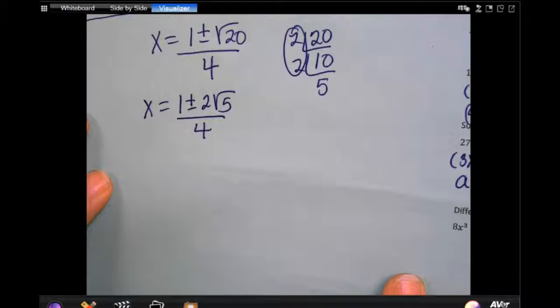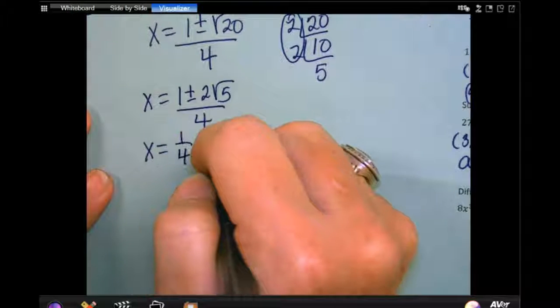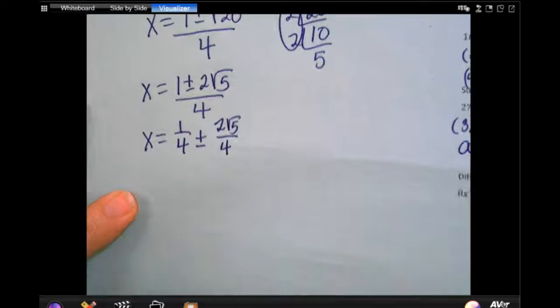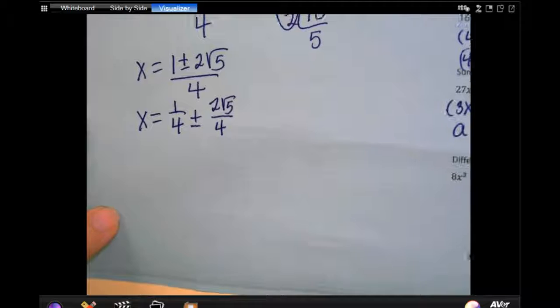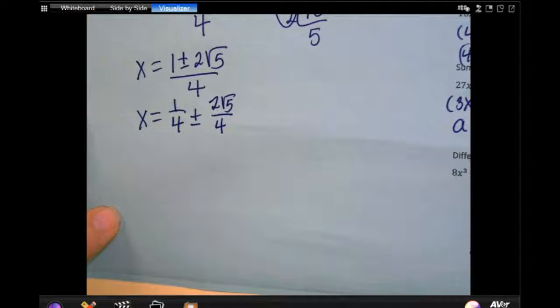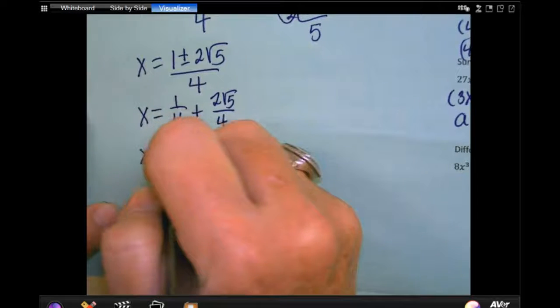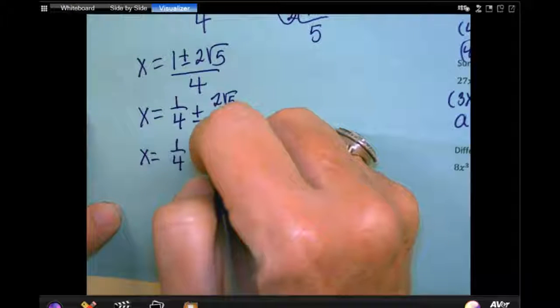And can this reduce? It can. And so it's going to look like this. What's different, Isaac? That hurt? It didn't hurt. It's okay. Yeah, you do. Because now what happens? The 2 over 4 reduces to the square root of 5 over 2.